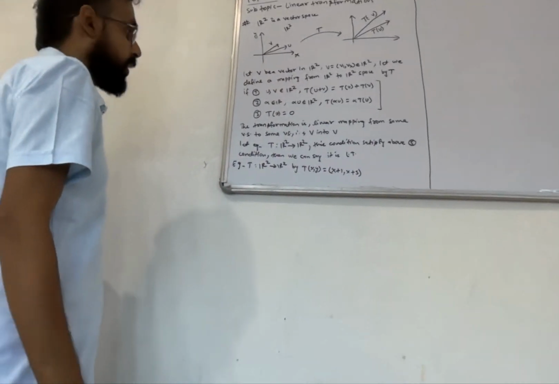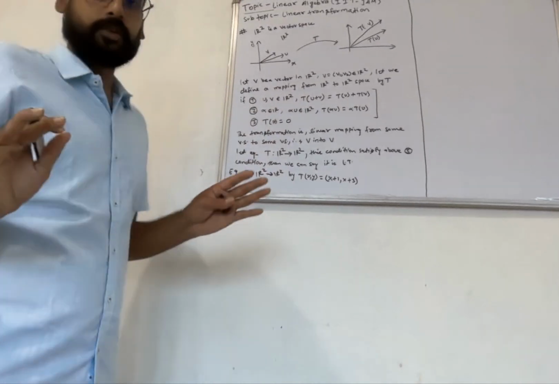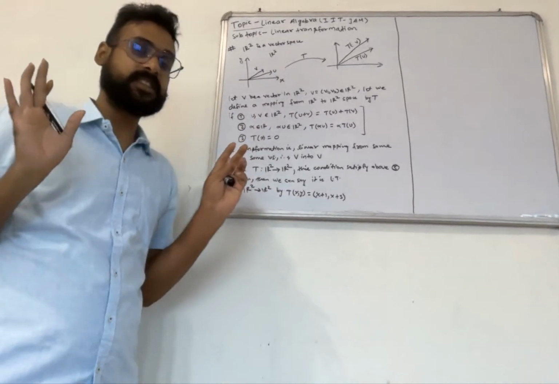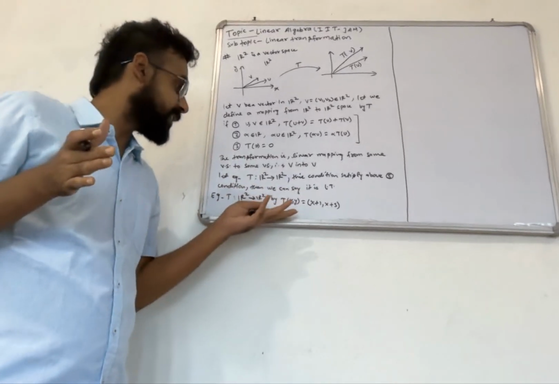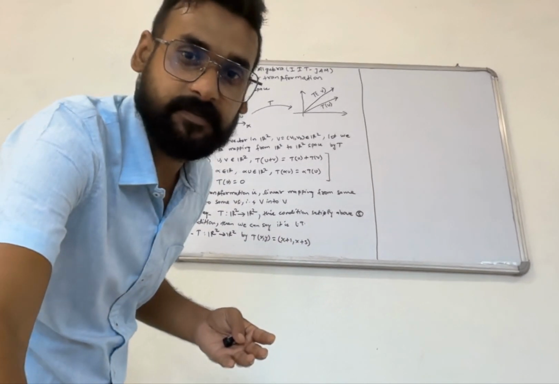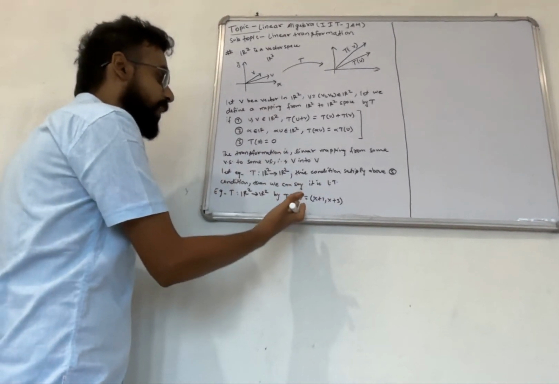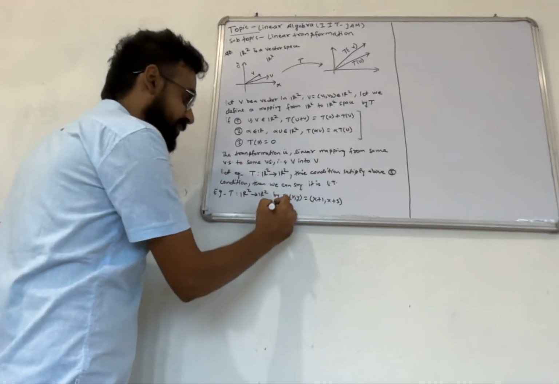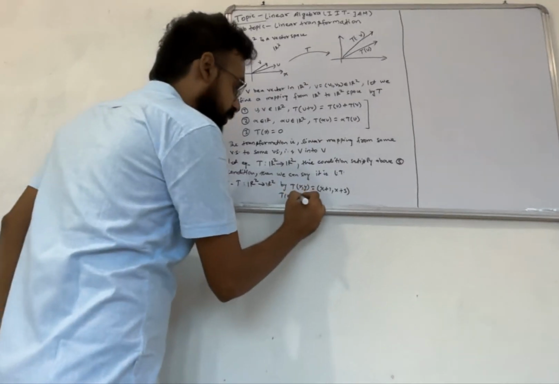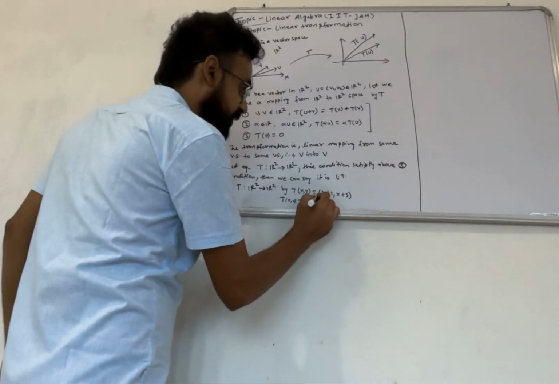Everything is fine. We do not need to check all these things. We only need to see whether this transformation mapping passes through the origin or not. We can clearly see the zero vector does not pass through the origin. It gives 1, 3.